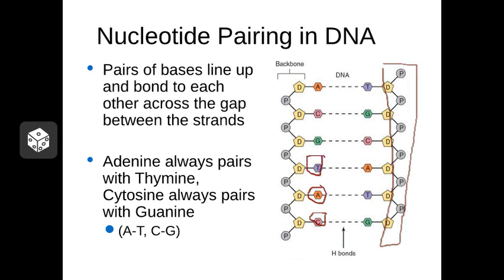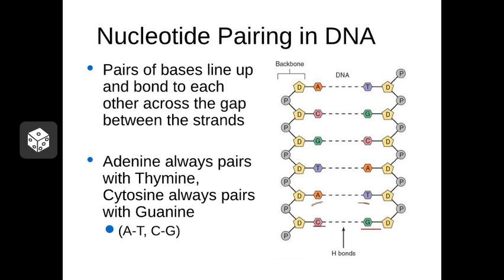Now, a couple of things to notice about these bases. First of all, the bases on one side are bonded to the bases on the other side of DNA, and they are held together with dotted lines. That's hydrogen bonds. The other thing to notice is that these nucleotide bases pair up in certain combinations. A's always pair up with T's, so adenines always pair up with thymines, and cytosines always pair up with guanines.